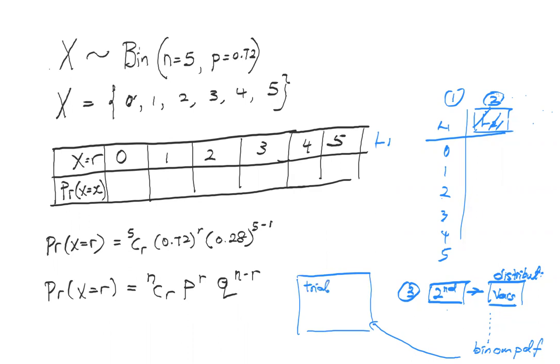How many trials do you have here? 5. Next, what is it? p. So what is the p? The p is here, 0.72.